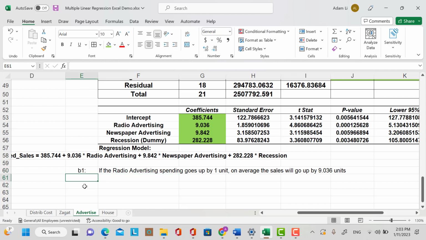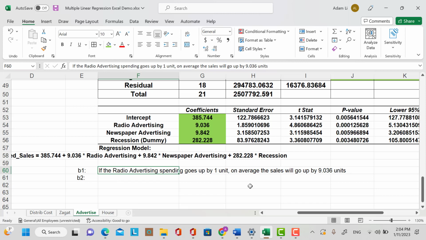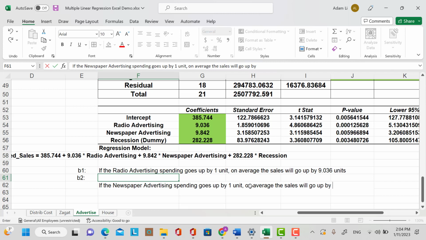And for B2, the interpretation of B2: if the newspaper advertising spending goes up by 1 unit, on average the sales will go up by 9.842 units, holding the other two variables constant.